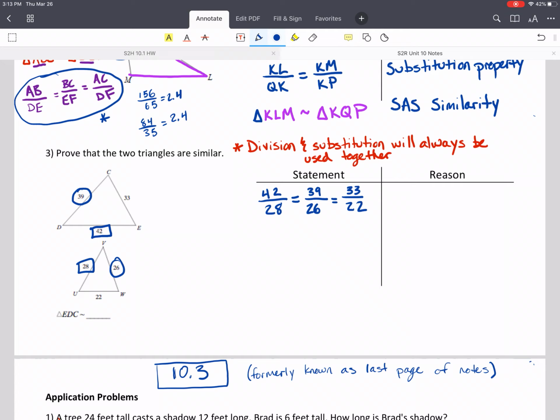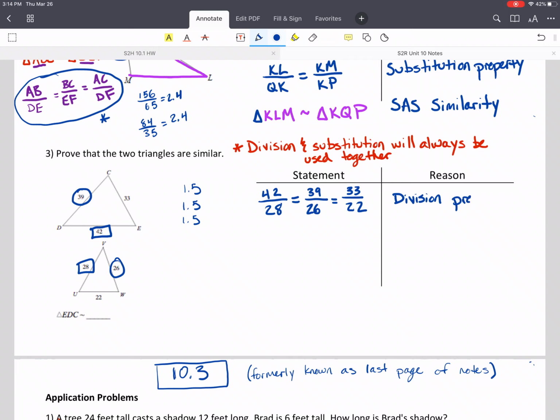So 42 divided by 28, I get 1.5. 39 divided by 26 is also 1.5. 33 divided by 22, also 1.5. So all of those are the same. I knew that because I divided the numbers, which means that I used the division property.